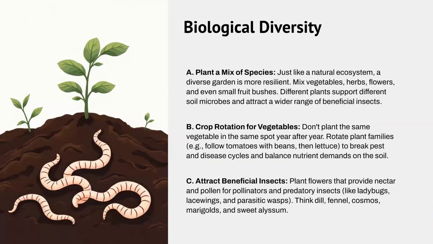And so we build a more resilient system as a whole when we have that diversity. That's why it's important. Attracting beneficial insects, things like dill and fennel, cosmos, marigolds, sweet alyssum, those are all great for our beneficial insects. In general, our beneficial insects eat the pest insects in the larval stage.